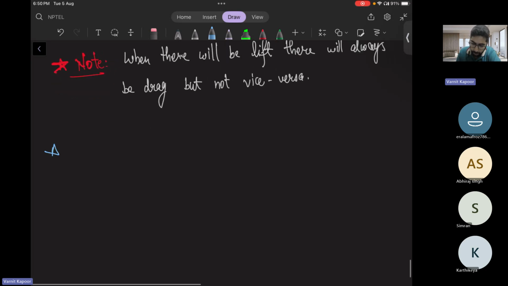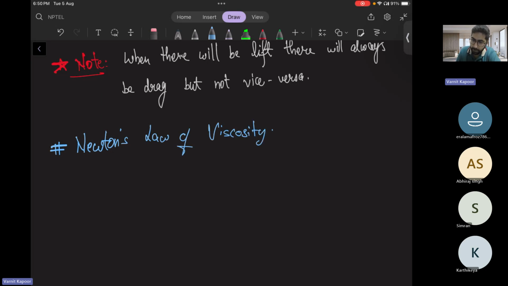So the topic: Newton's law of viscosity. What does Newton's law of viscosity state? As per Newton's law of viscosity, shear stress is directly proportional to the rate of shear deformation between two layers.